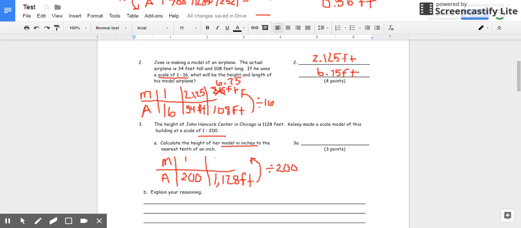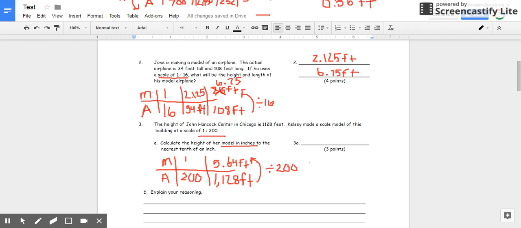So then in your calculator, type in 1,128 divided by 200, and we get 5.64, and that would be in feet.